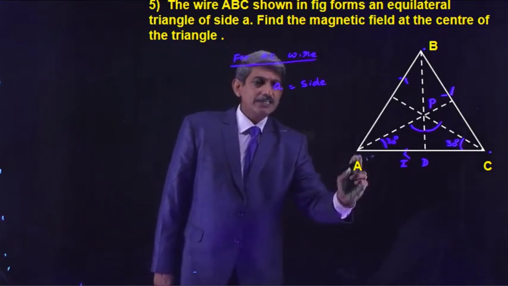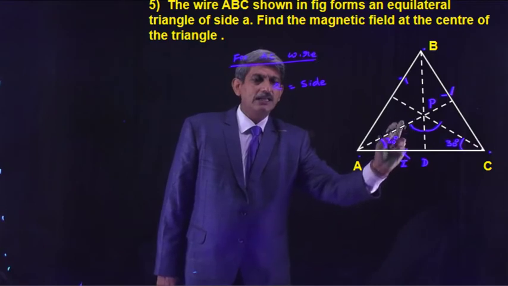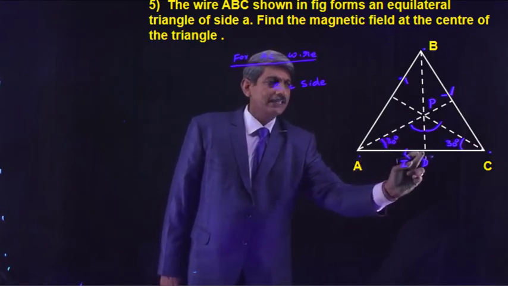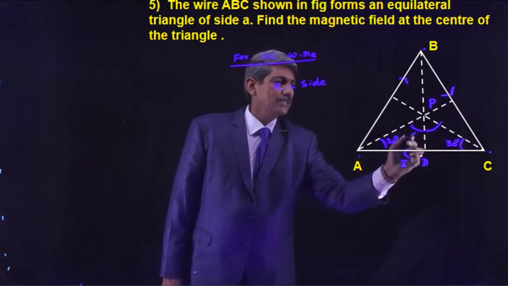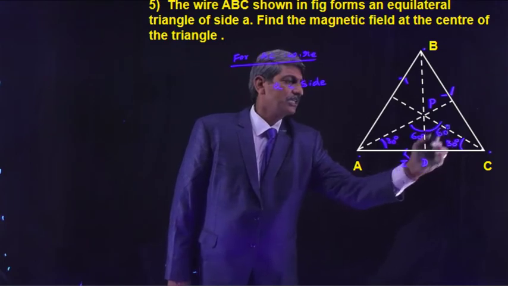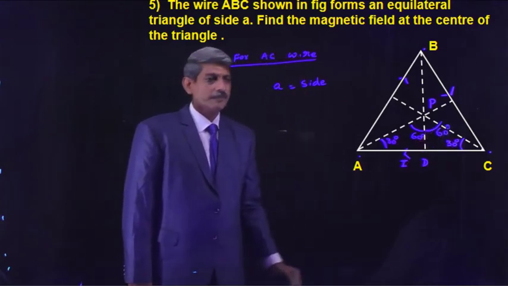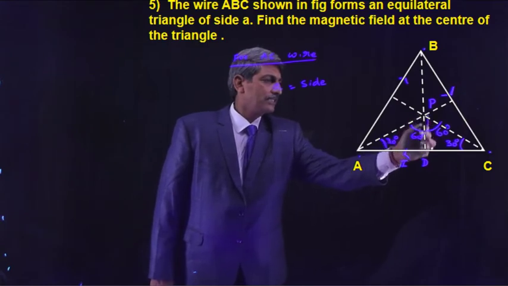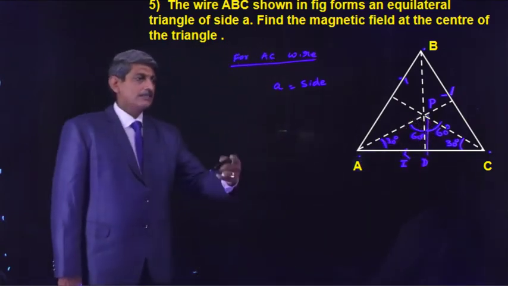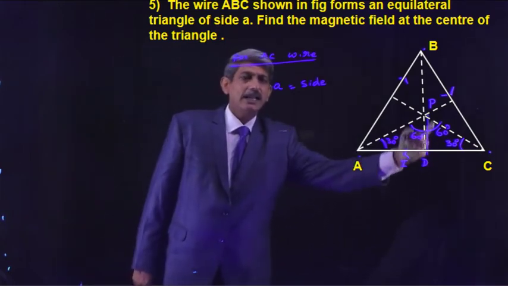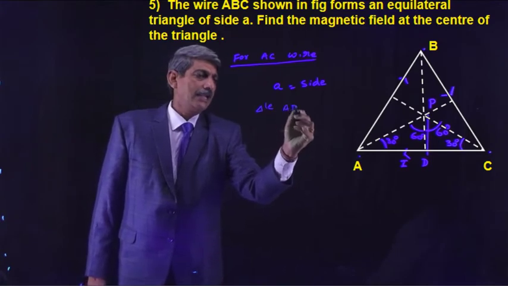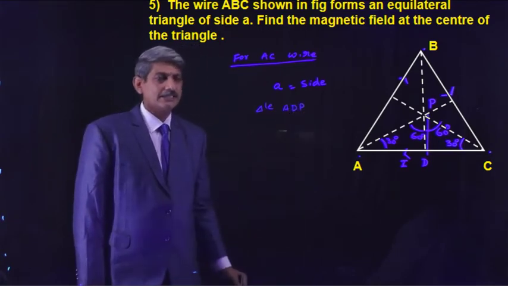So when you consider this triangle ADP, the angle at A is equal to 30 degrees, whereas the angle at D is equal to 90 degrees. That's why this angle must be 60 degrees. Similarly, this angle also must be equal to 60 degrees. Now, for this DP, what is the perpendicular distance? From triangle ADP, what can we write?